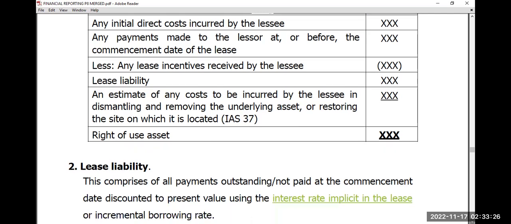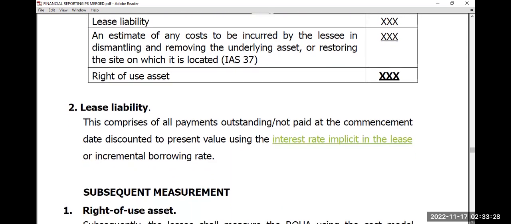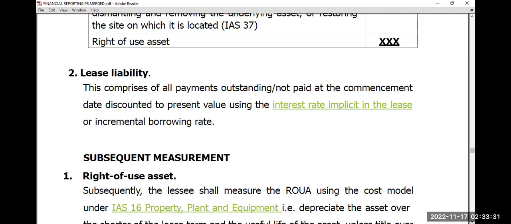The second item that the lessee accounts for is the lease liability. This one we spoke about, but to add more, the lease liability comprises all payments outstanding or not yet paid at the commencement date, but they are discounted to their present value using the interest rate implicit in the lease or any incremental borrowing rate.